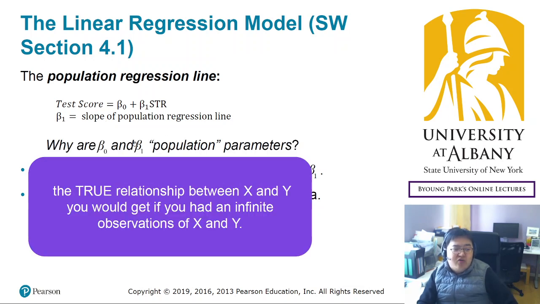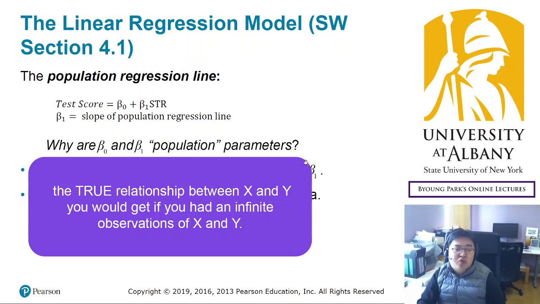Then why do we call them population parameters? I explained, this is the true relationship. I said true because we imagine an infinite number of observations. If we could observe an infinite number of observations, then we can learn about the true relationship between y and x, between student-teacher ratio and test scores. That's our target.